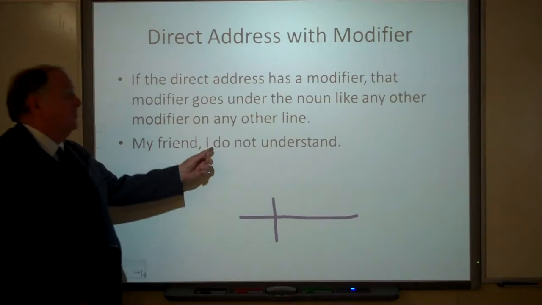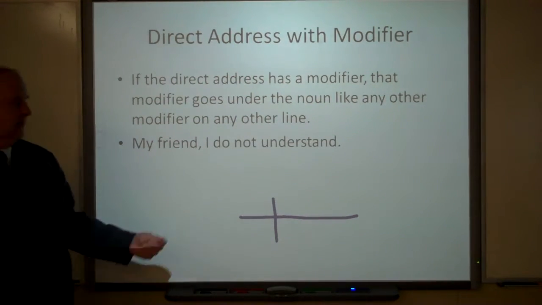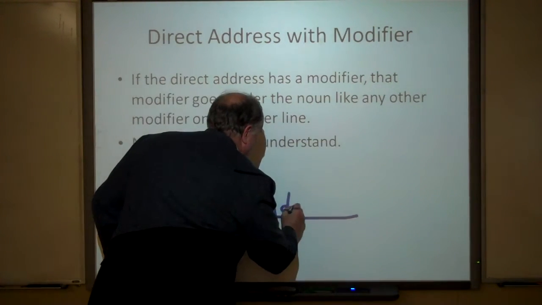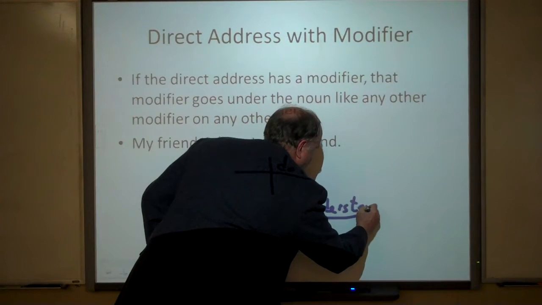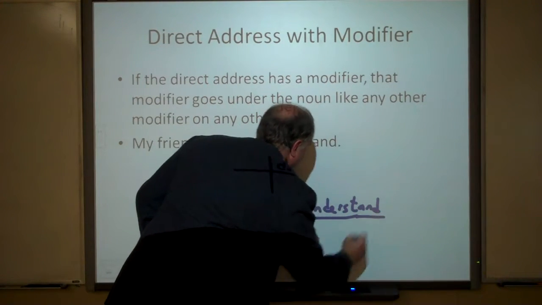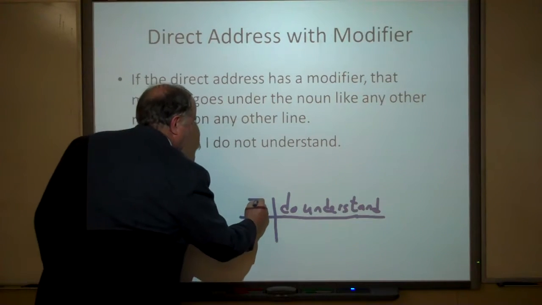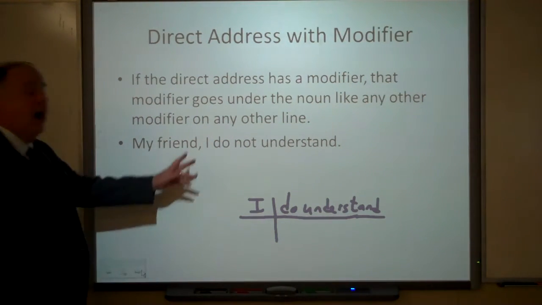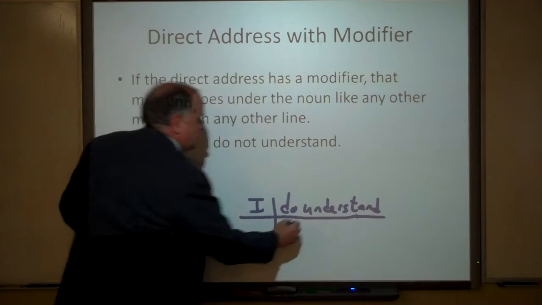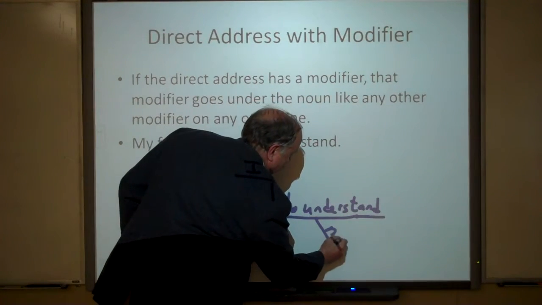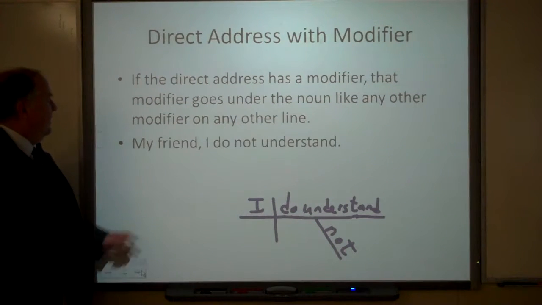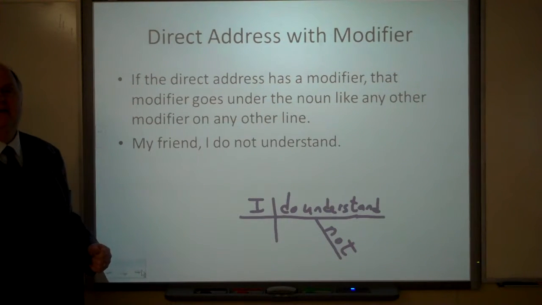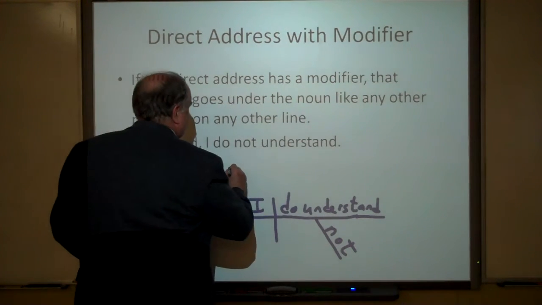Okay, the verb, notice the verb here is do understand. It's a verb phrase. And the subject is I. And not, of course, modifies the verb. Very significant modifier in this case. And then my friend is a direct address.